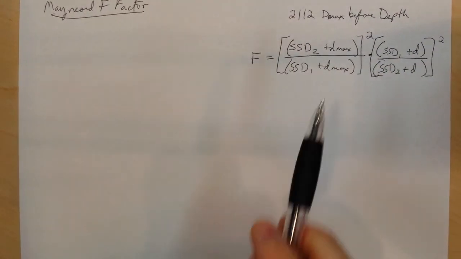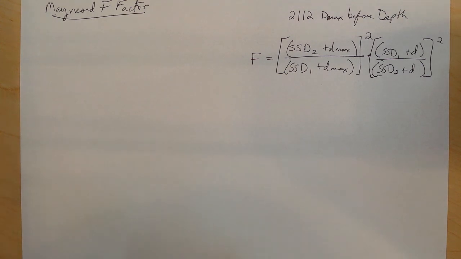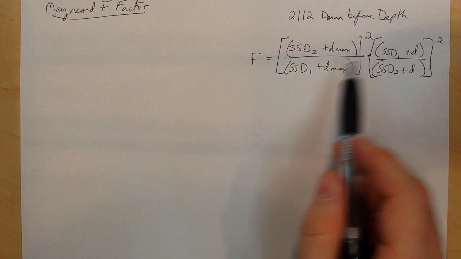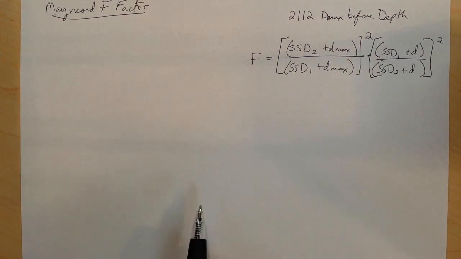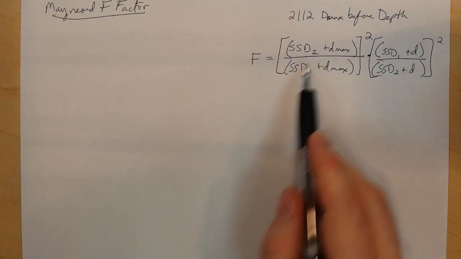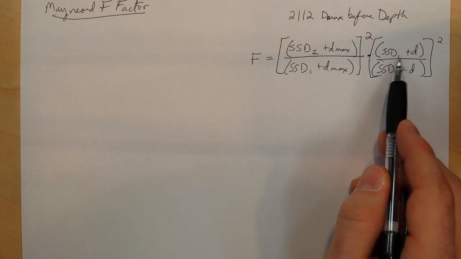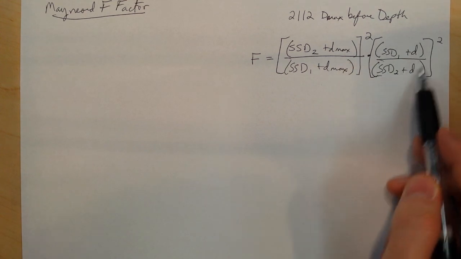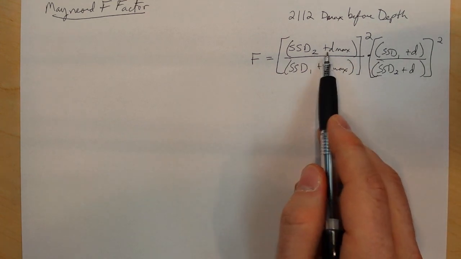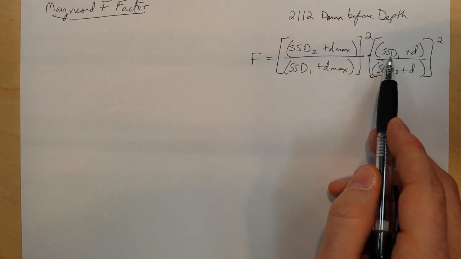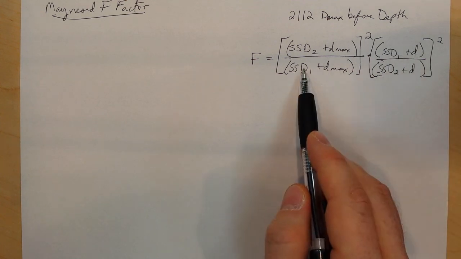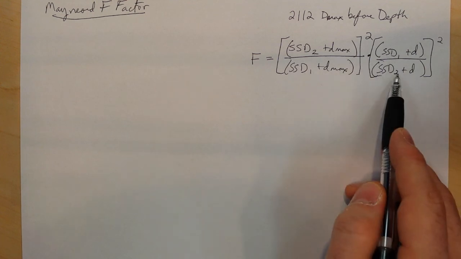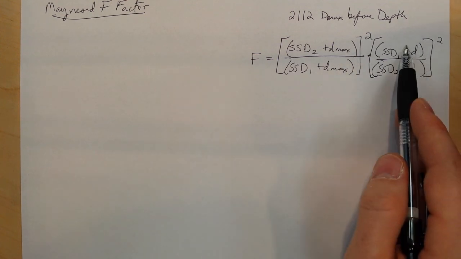You might see this written differently either in your course lecture notes or in books, and it's probably because they've just switched the top and the bottom around, but the math works out the same. Here's where the mnemonic device works in. 2, 1, 1, 2, D max before depth. So SSD 2 plus D max, SSD 1 plus depth, SSD 1 plus D max, SSD 2 plus depth. 2, 1, 1, 2, D max before depth.